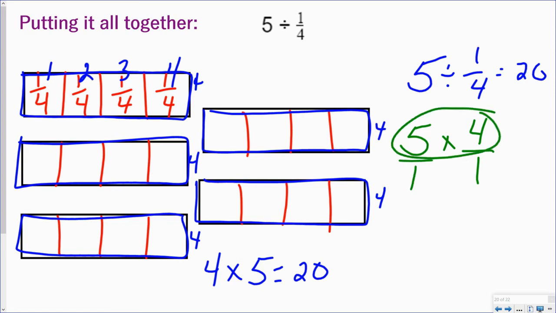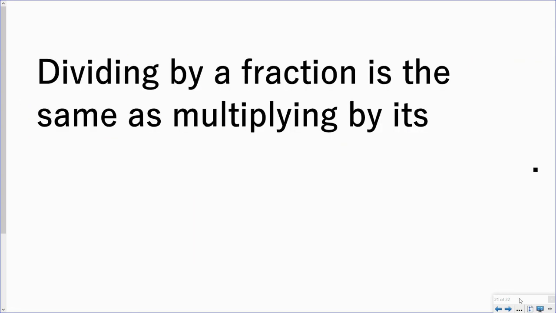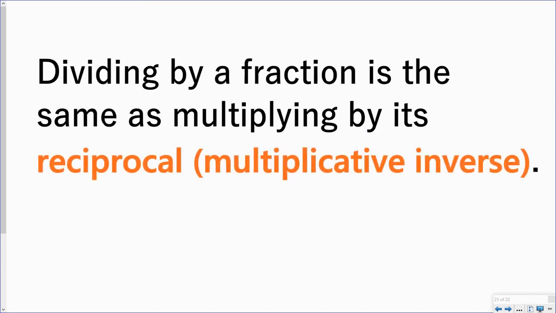So 5 times 4 gives me 20, and 1 times 1 gives me 1, and 20/1 is the same as 20. And if you notice, this multiplication is the same as this multiplication. So as we can see, dividing by a fraction is the same as multiplying by its reciprocal or multiplicative inverse.